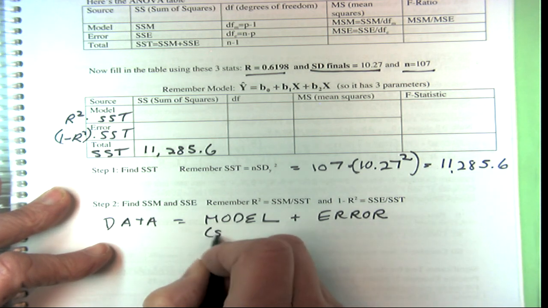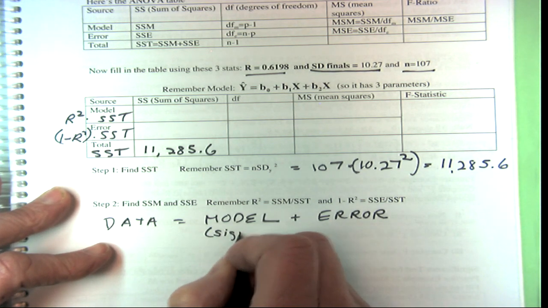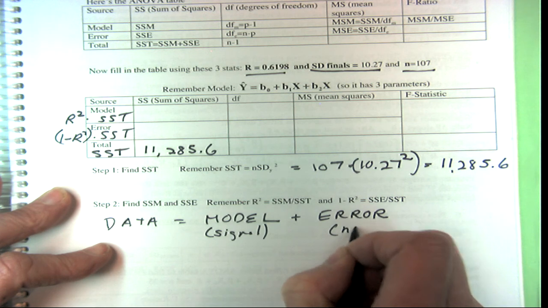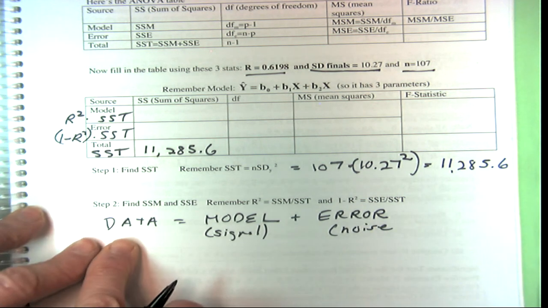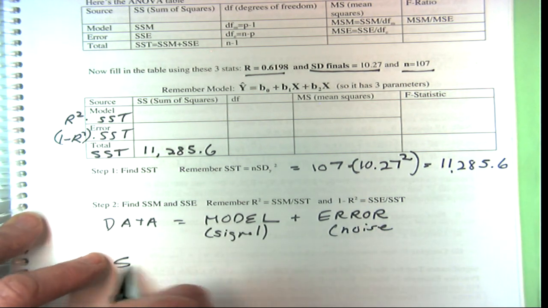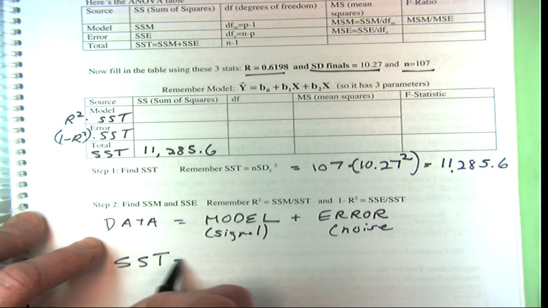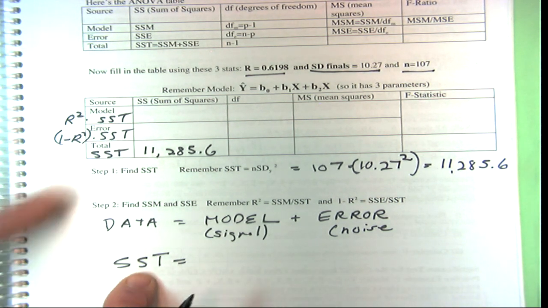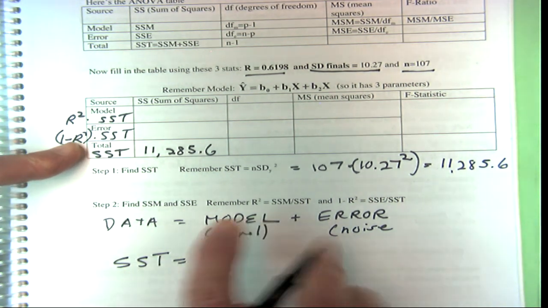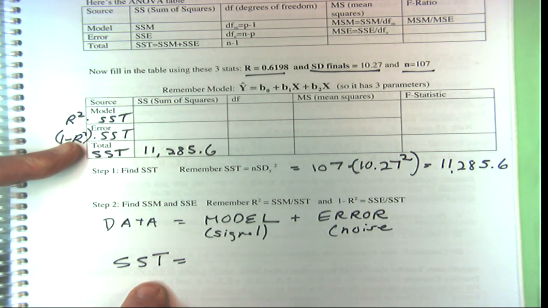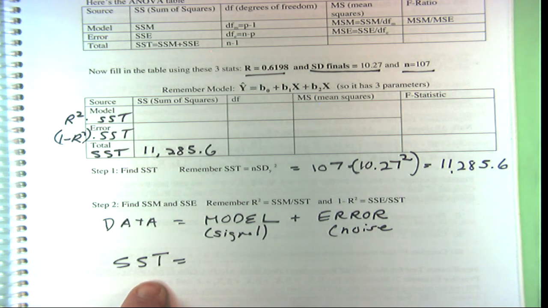That's all we're doing here. This is like your signal, and this is like your noise. If everybody had the same final score, there'd be nothing to predict. We're trying to explain variation around the average: why some people have high finals and some people have low final scores, by building a model to describe that.